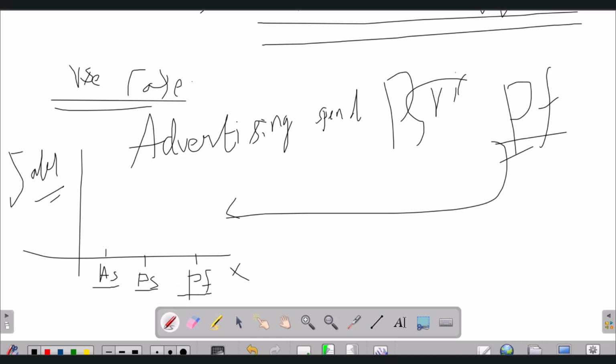These are the independent features, and sales is dependent on them. Sales is dependent on this, right?